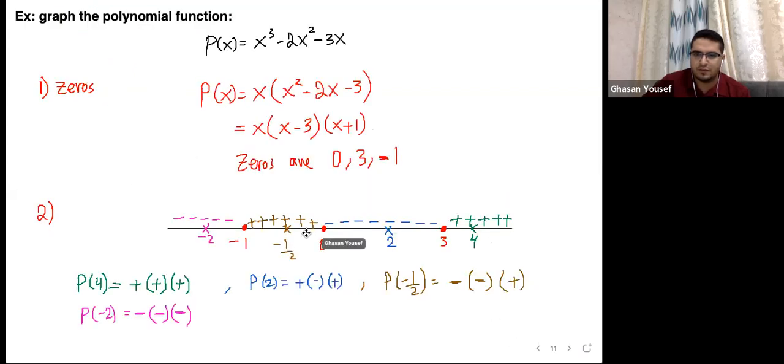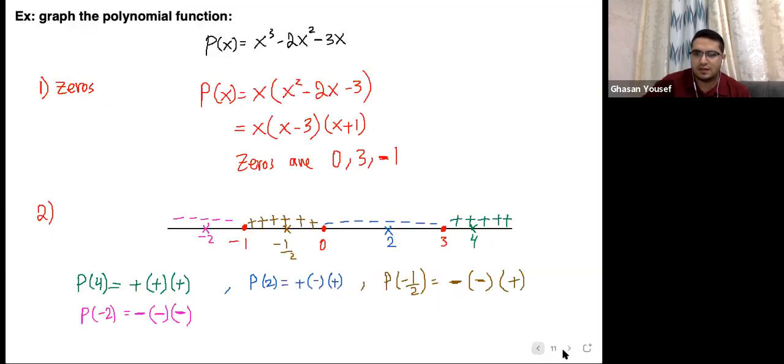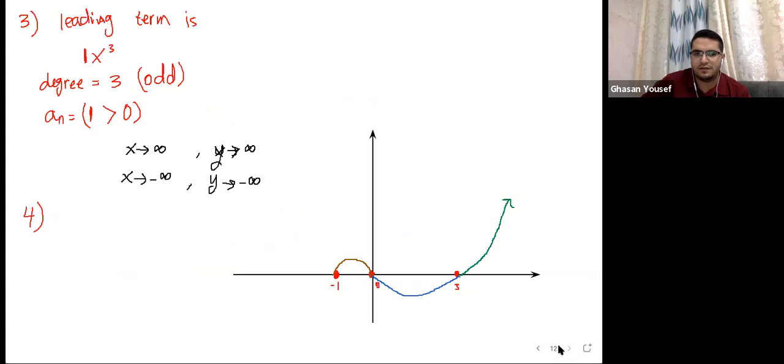For the third one, between minus 1 and 0 is positive, above the x-axis. And the last one is negative, below the x-axis. And that's it. This is the graph of the polynomial function.